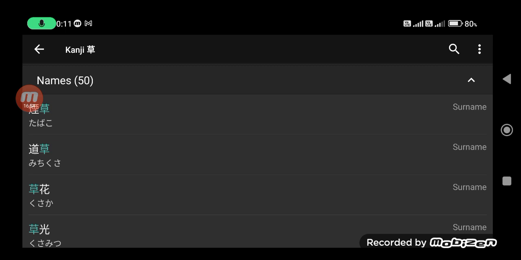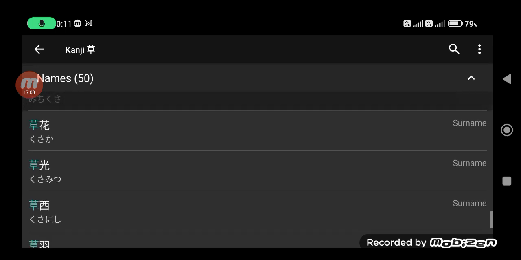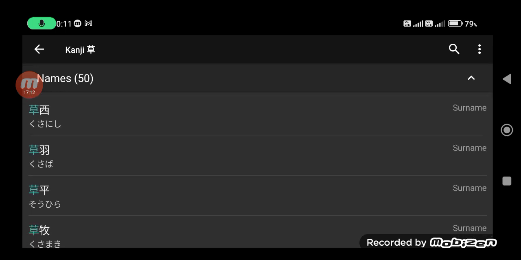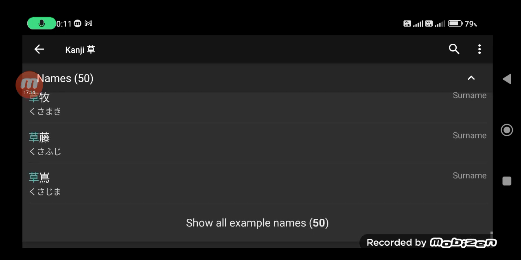Okay, for other readings on the names or proper nouns, please just screenshot those. Anyway, the kana writing is indicated directly below the kanji combination. Please just screenshot those, minasan.